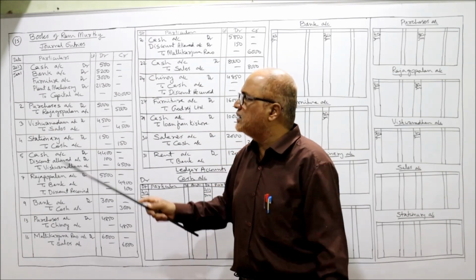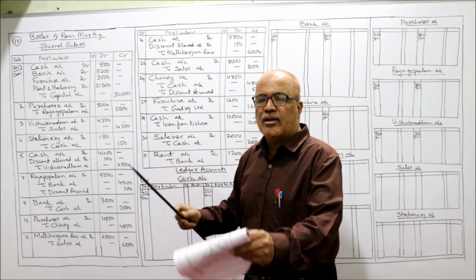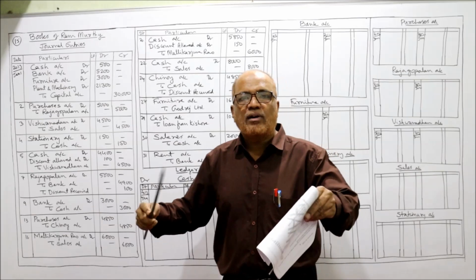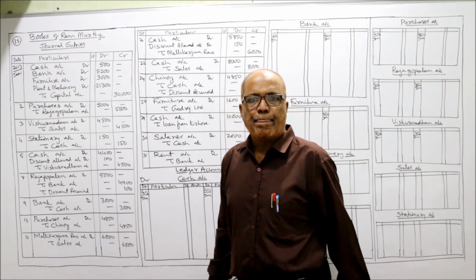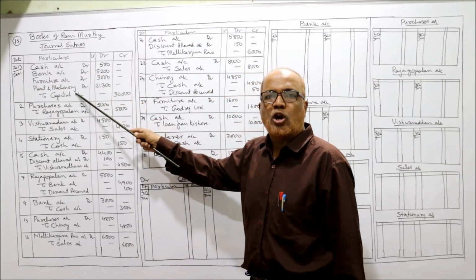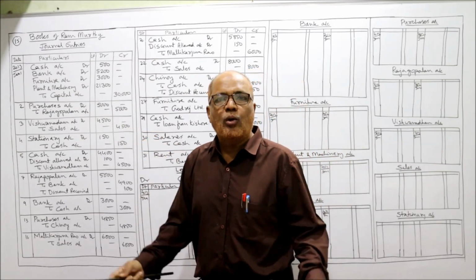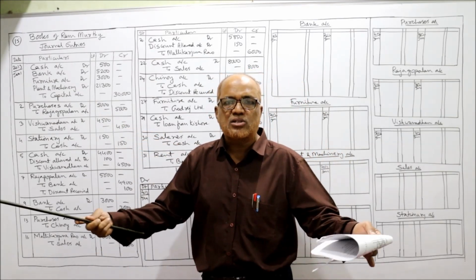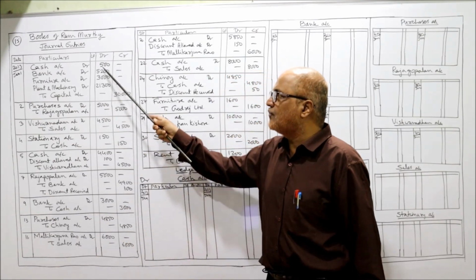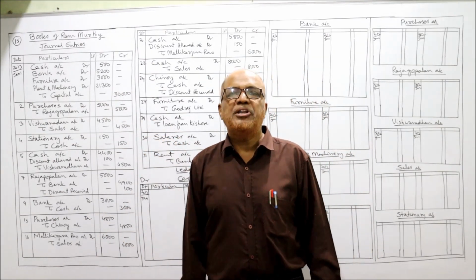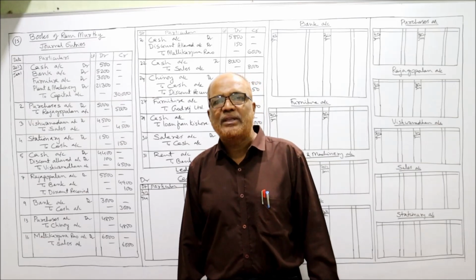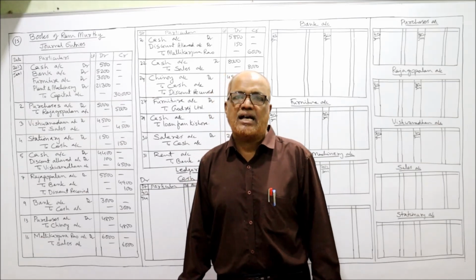Furniture and fitting 3,000. Plant and machinery 21,300. So whatever comes in we have debited. We have debited all the assets brought by the owner, and credit will be given to capital. When the owner invests the money or other assets, it is called capital. 30,000. The narration being the business started with cash and other assets.